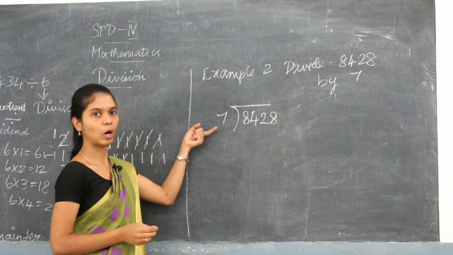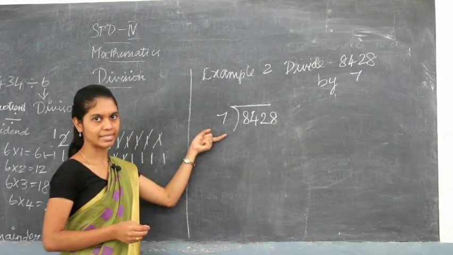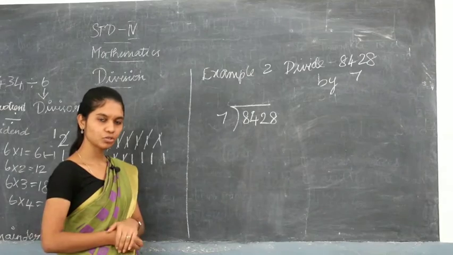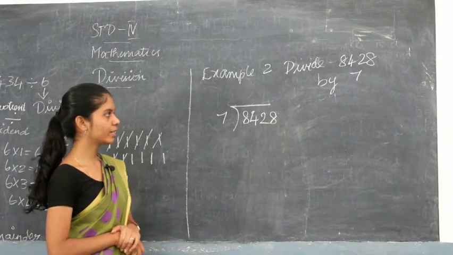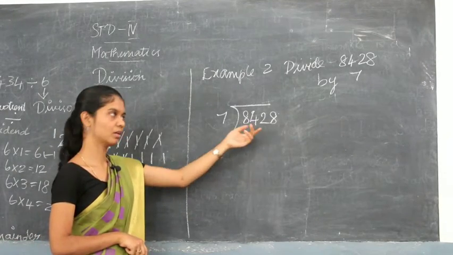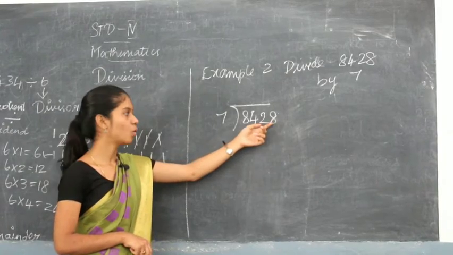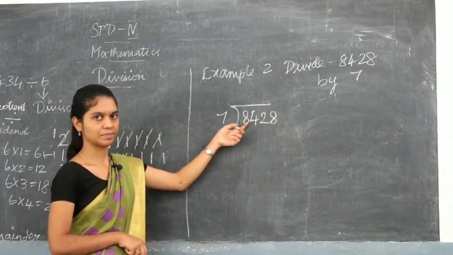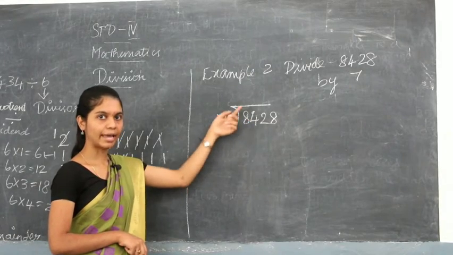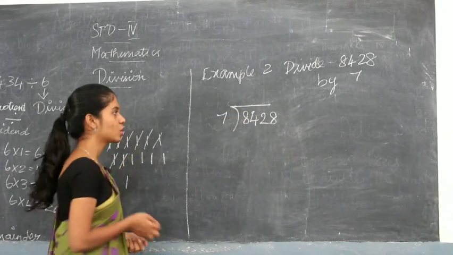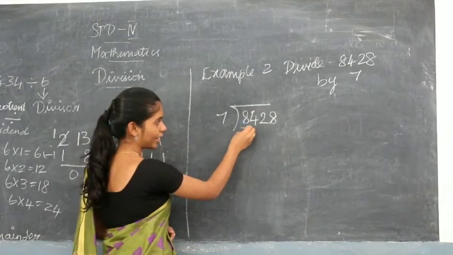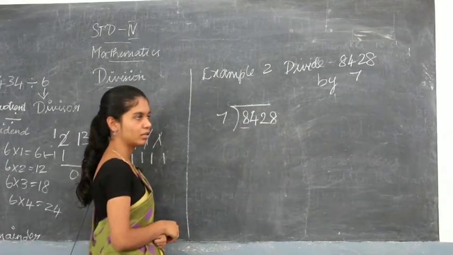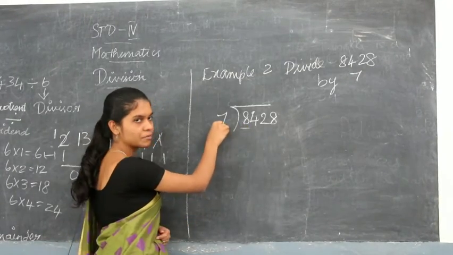So 7 will be your divisor. Now what you should see? You should first look into the highest place value number here. See here, this is units, ones, tens, hundreds, thousands. 1000 is the highest place value, right? So in place of highest place value, what is the number? 8. So 8, here you have 7.